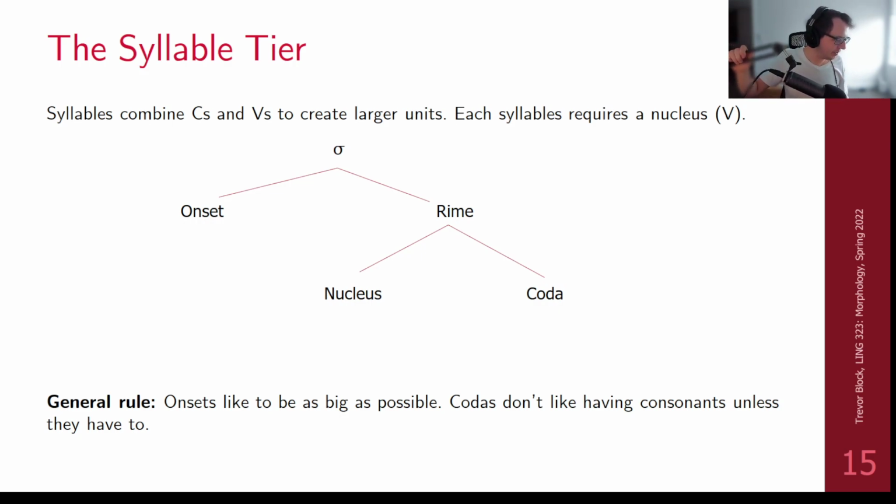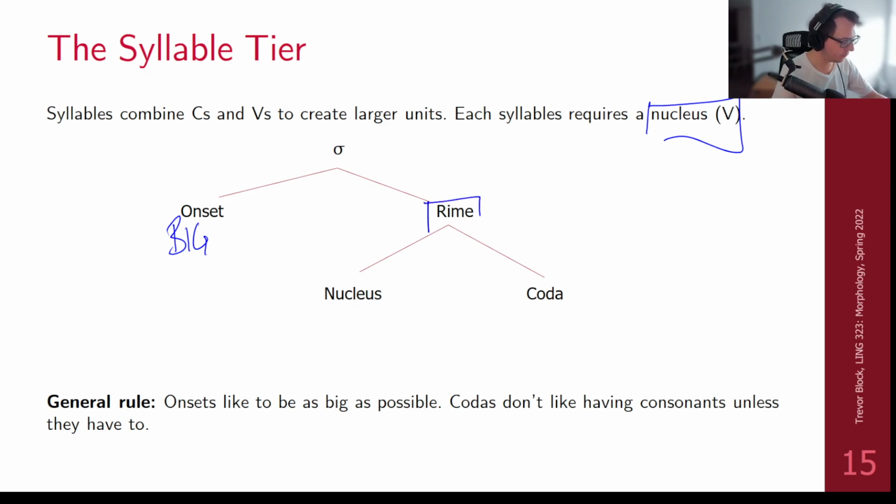Okay. So we don't need to worry too much about the actual structure of a syllable. What we need to know is that all syllables must contain a nucleus, and that onsets like to be as big as possible. So every syllable has to have what's called a rhyme and a nucleus. These are required. Everything else is optional with a star.